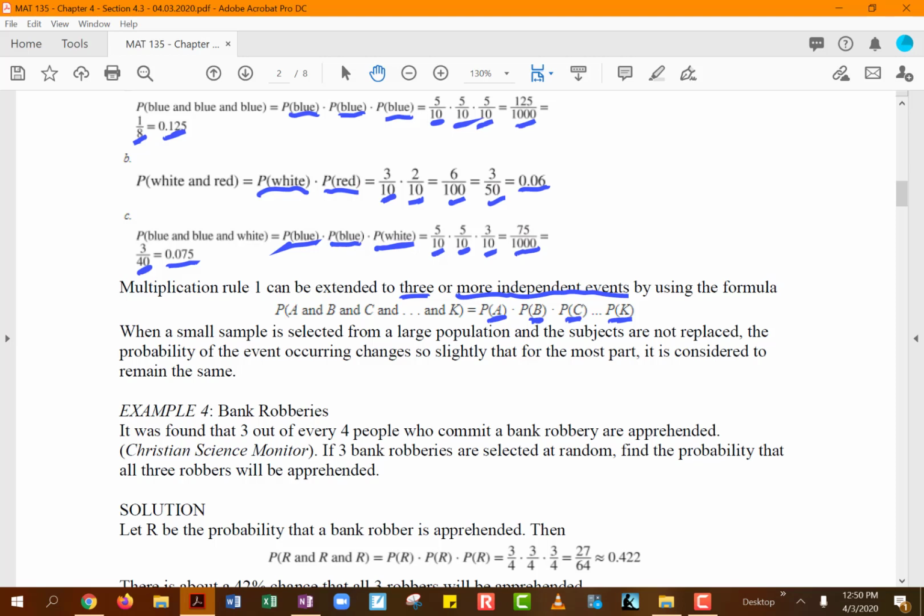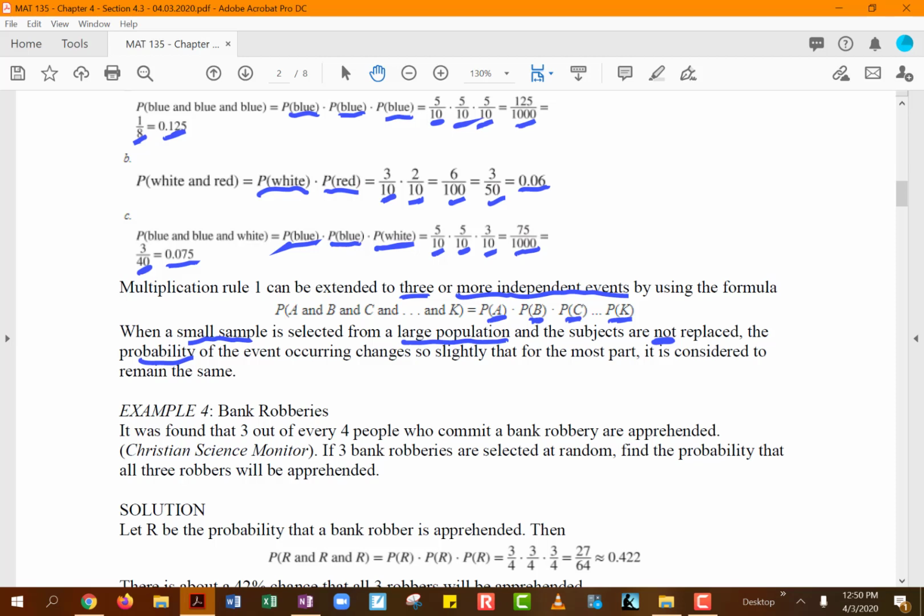So they're basically saying when a small sample is selected from a large population and the subjects are not replaced, then the probability of the event occurring changes so slightly that for the most part it is considered to remain the same.